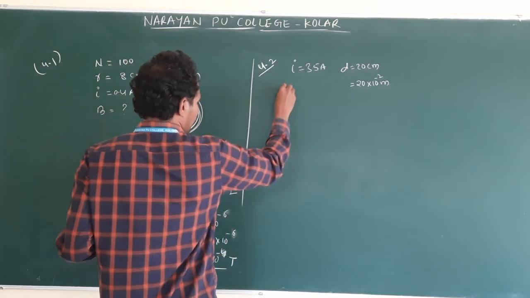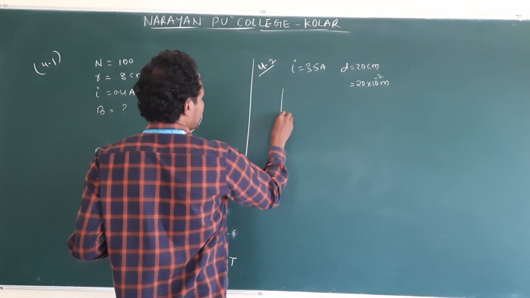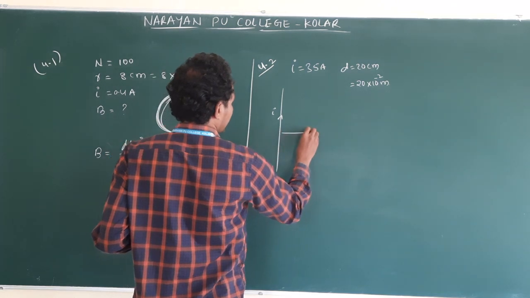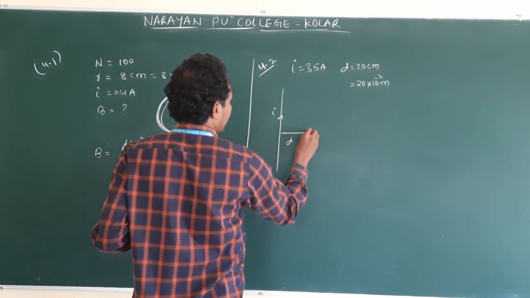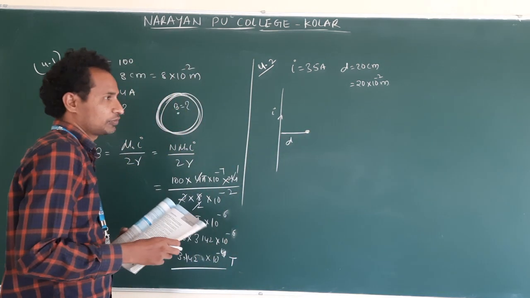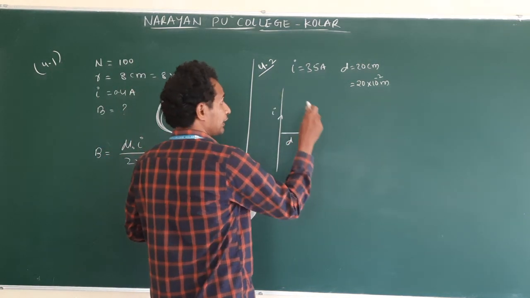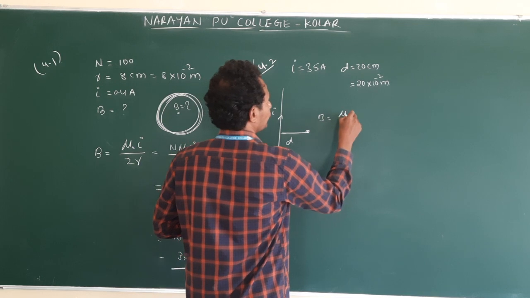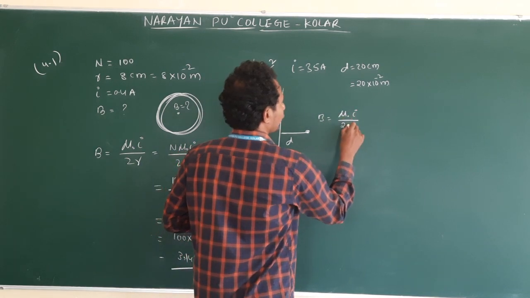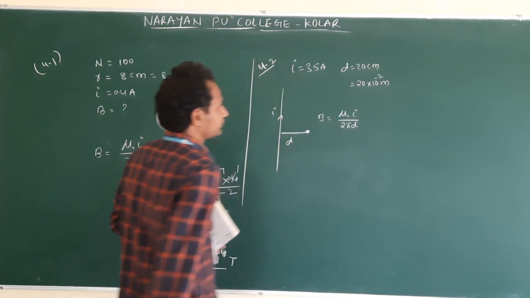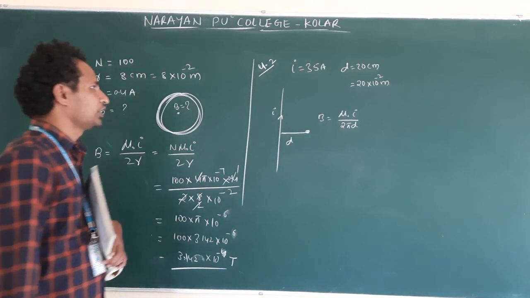Clear? It's a long wire carrying current I, at distance d. Already this formula we have seen: magnetic field due to infinite conductor. B is equal to mu naught I by 2 pi d. Clear?